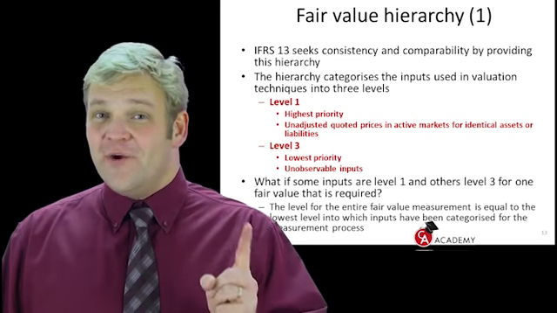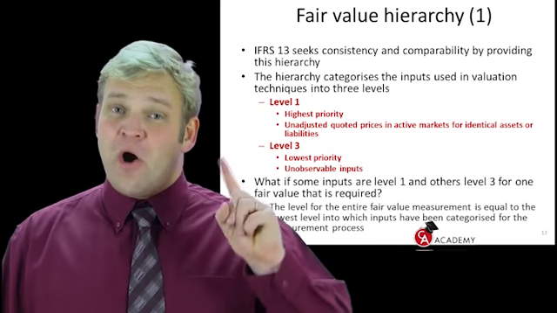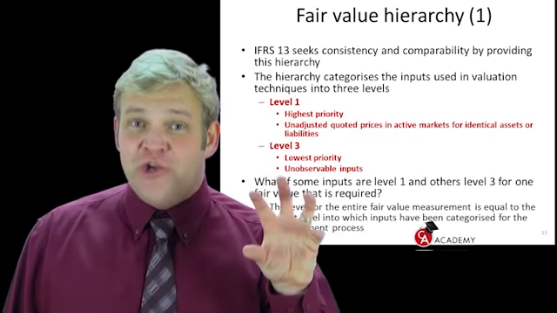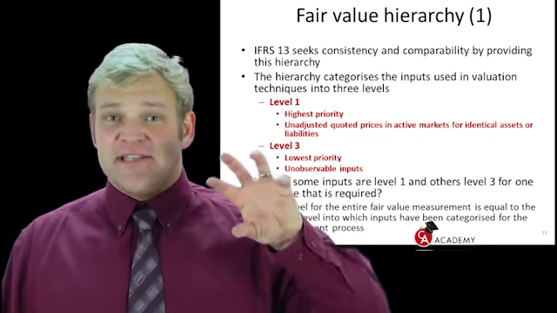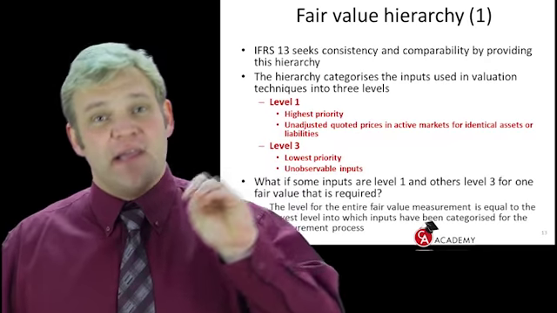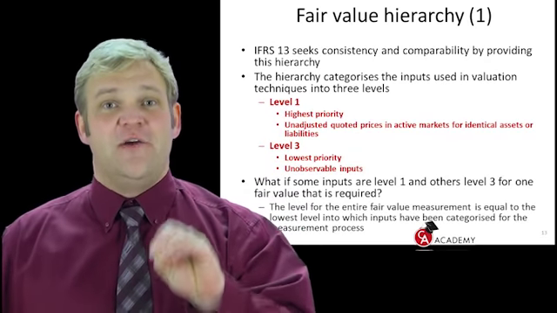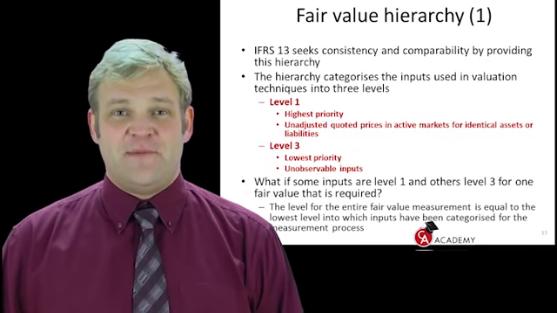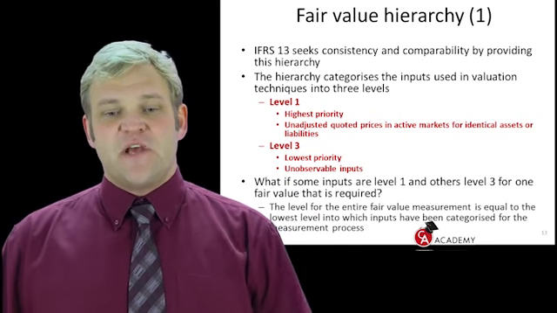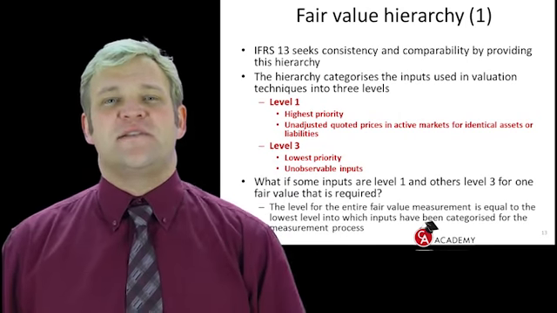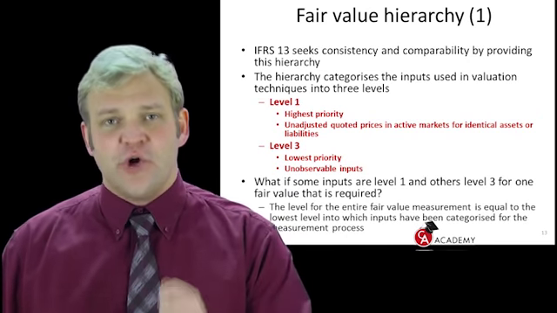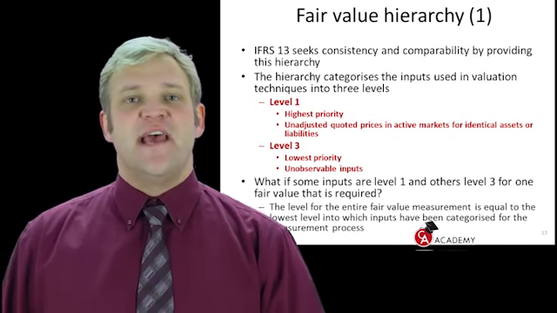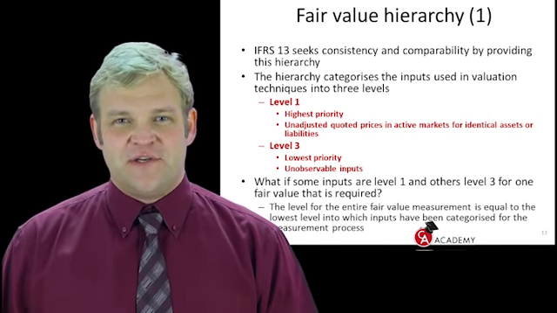A market where there's frequency and volume of the transactions in such a way that it provides information to the user regarding fair value of that particular asset or liability. So it's unadjusted quoted prices. The quality of that fair value is so good that you can use it as it is as an input in your fair value calculation.